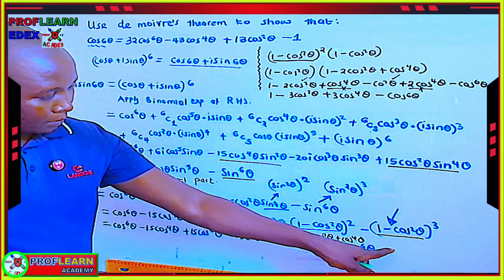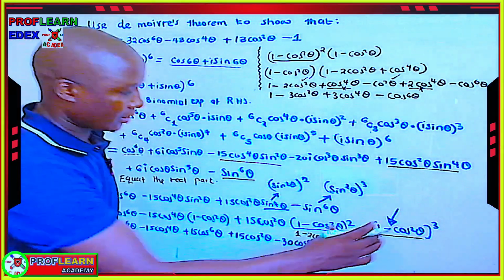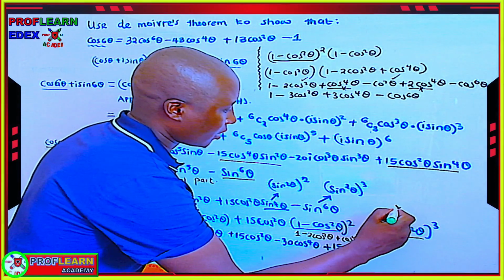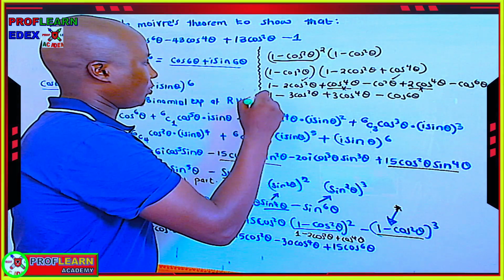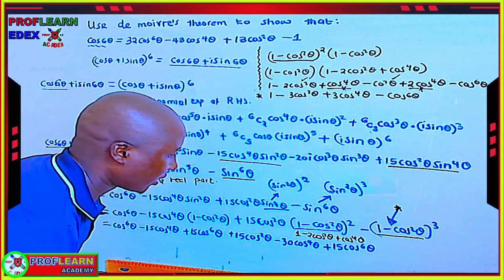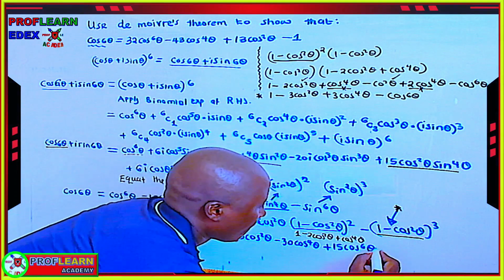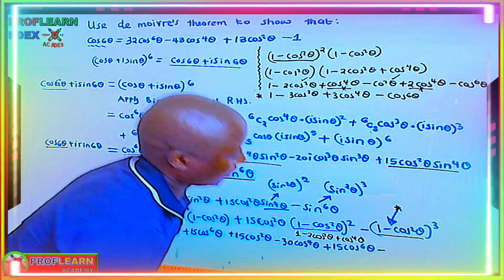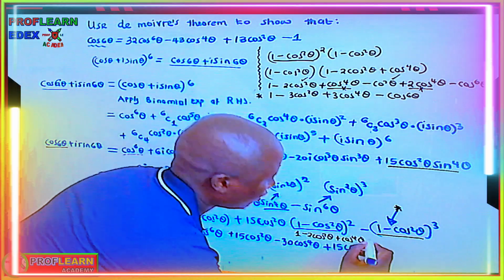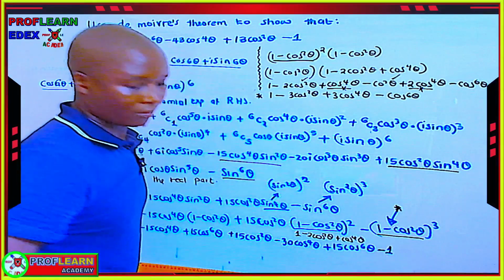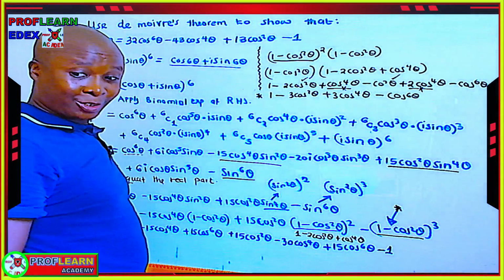So meaning this part that we are having here is replaced with whatever we have gotten here. So I can write that this is going to be minus, the first term is 1, so it will be minus 1. Is this space going to be enough?